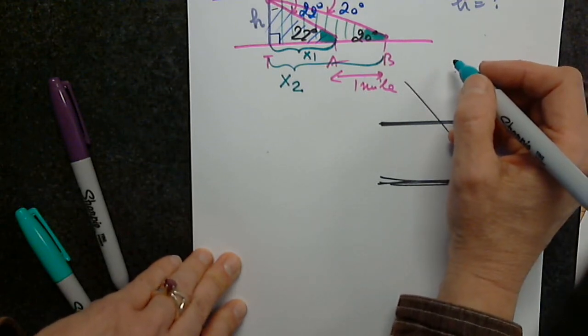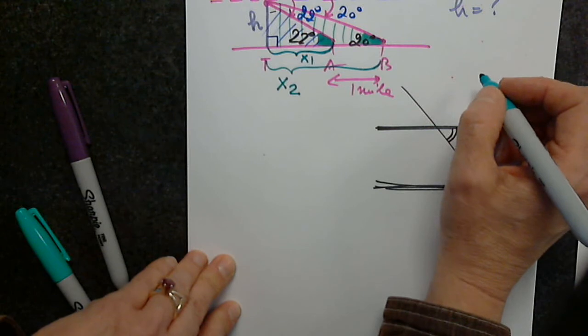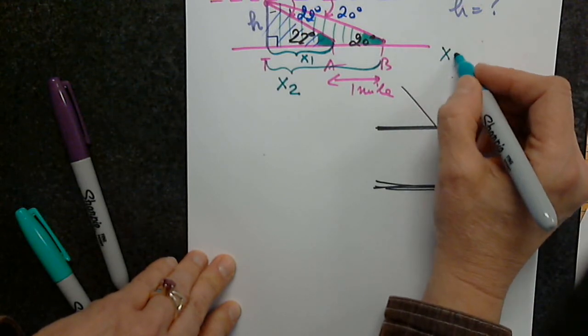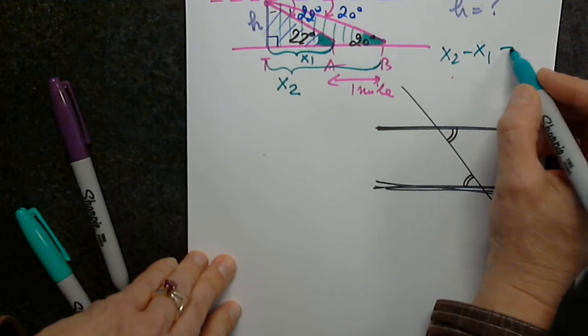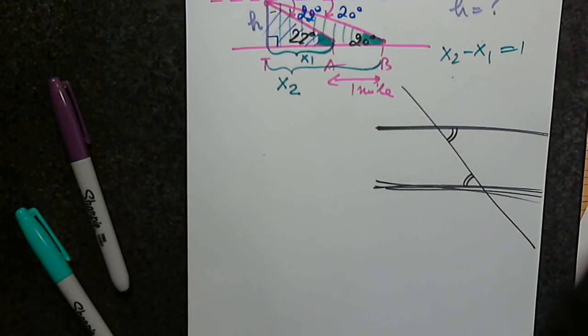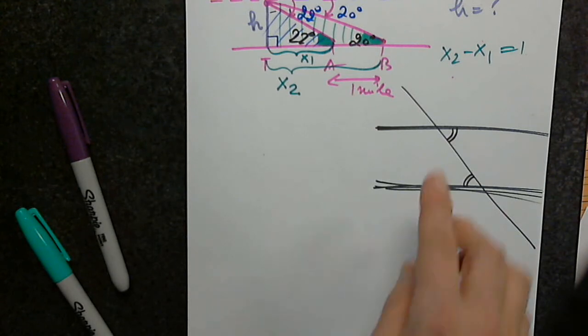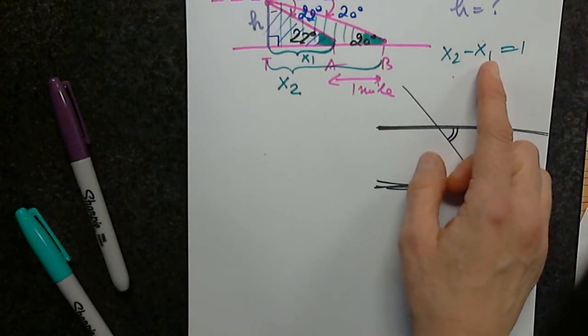I use the relationship that I can write immediately: x2 minus 1 mile equals x1. So the difference, x2 minus x1, must equal 1 mile. Do we agree with that? Or if you want to say x2 equals 1 plus x1.